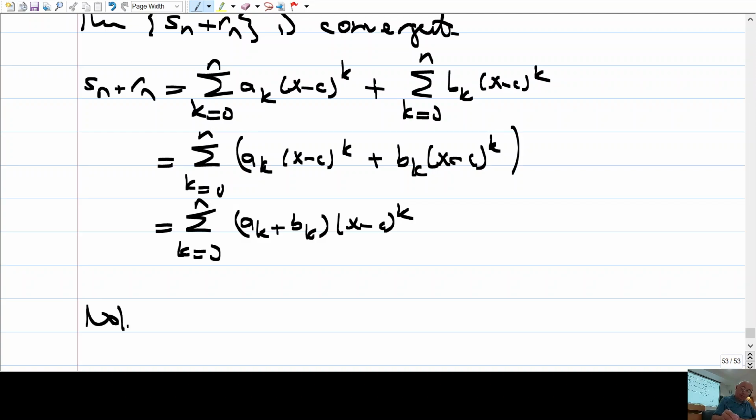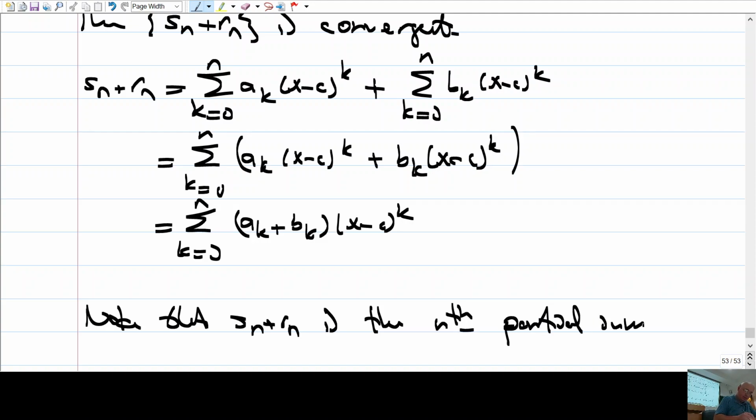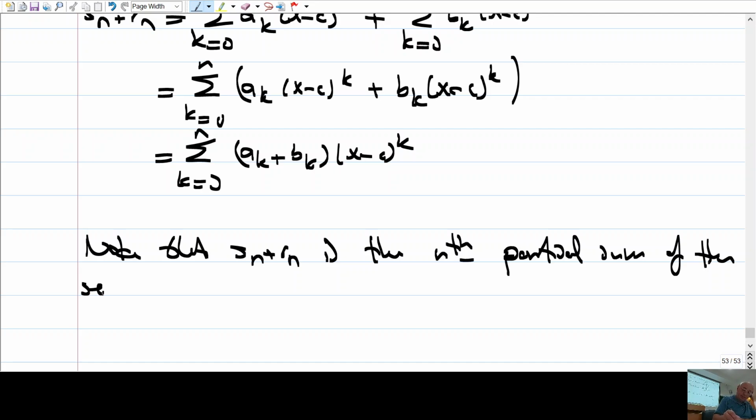Note that this Sn plus Rn is the nth partial sum of the series. Which series? This series, the sum of an plus bn times x minus c to the power n from 0 to infinity, right?